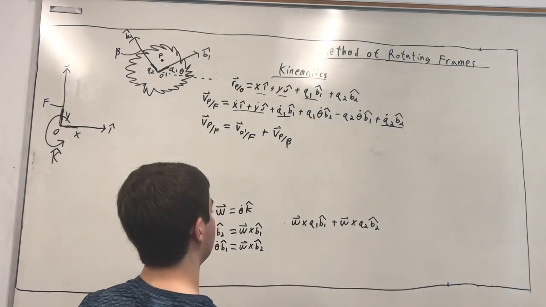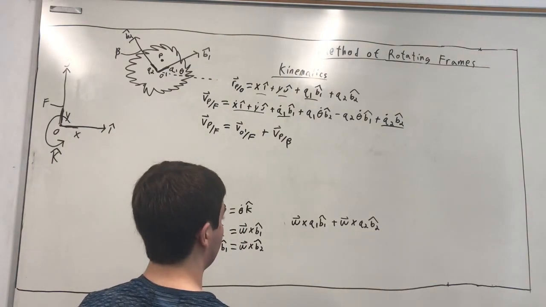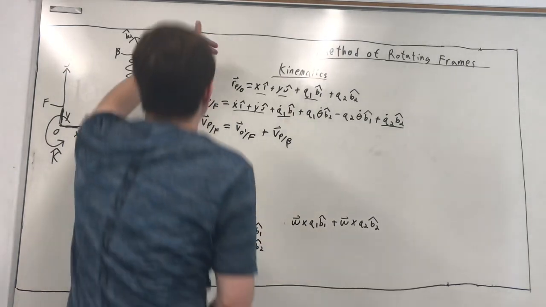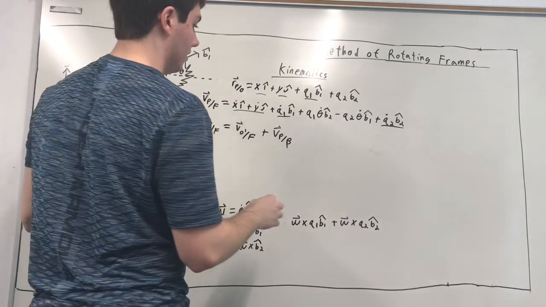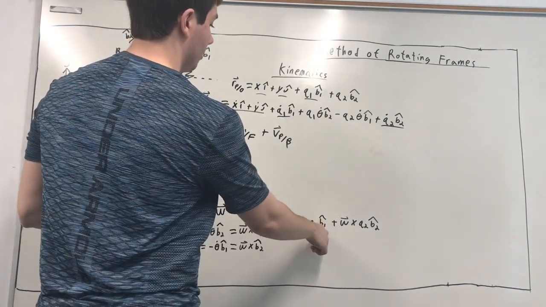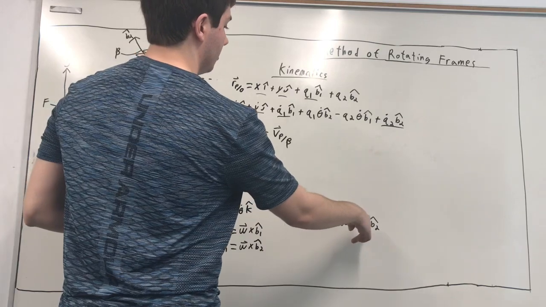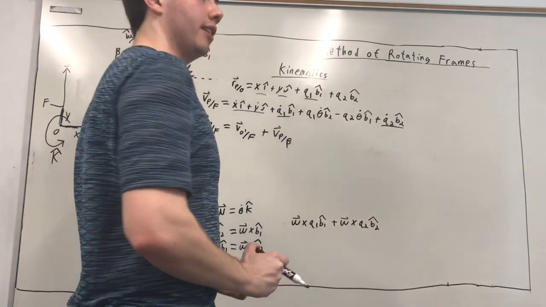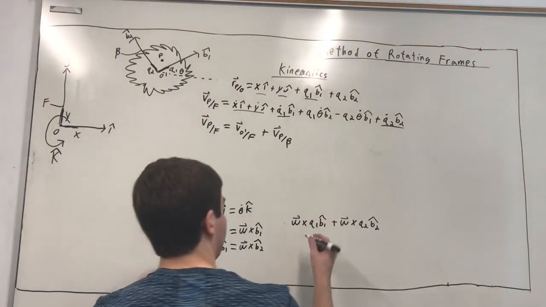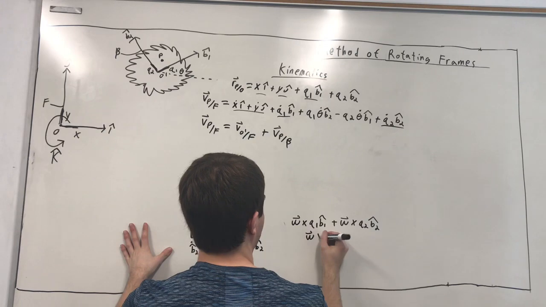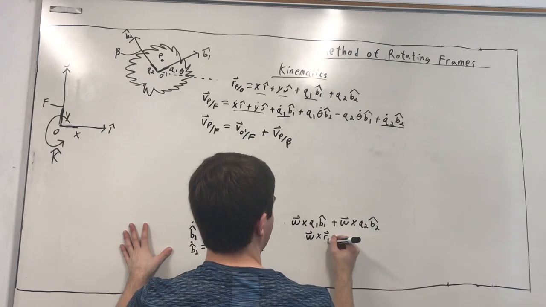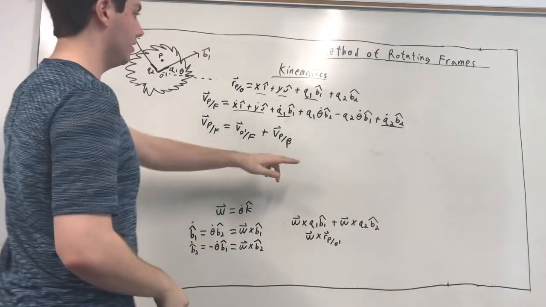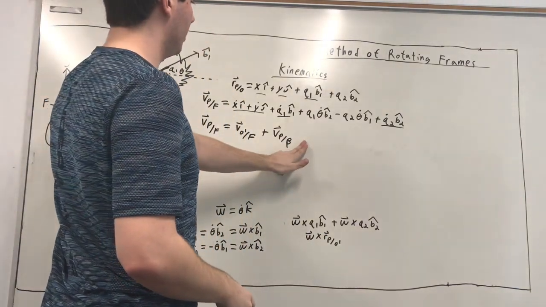All right, so now you can kind of see that RPO, kind of like what we did before, is just Q1 times B1 plus Q2 times B2 hat. I'm not sure this is exactly the distributive property, but something similar, where this becomes just omega cross with RP with respect to O prime. So that gets you the third term of the velocity part.